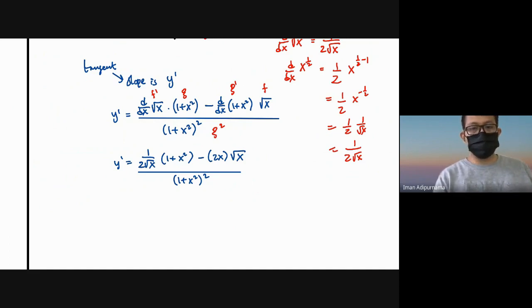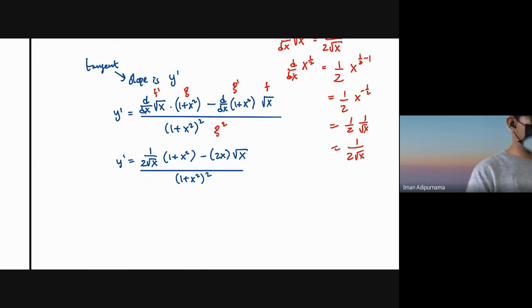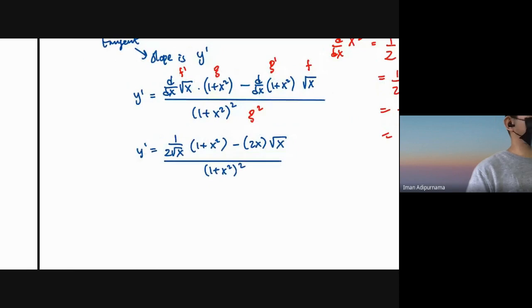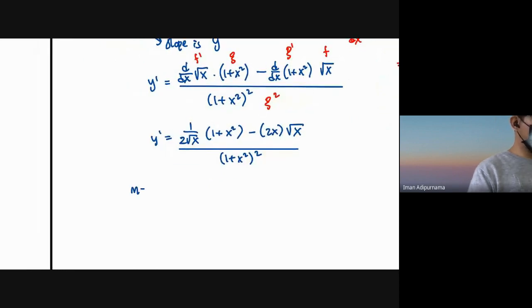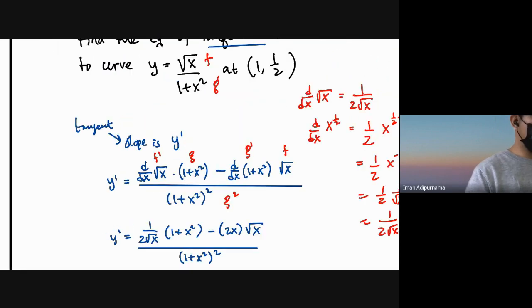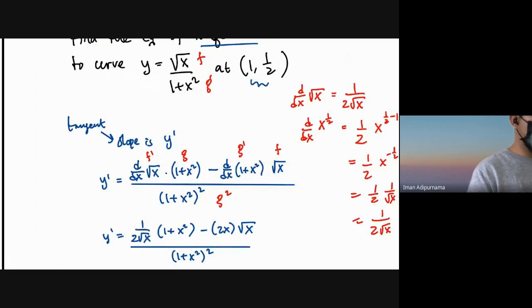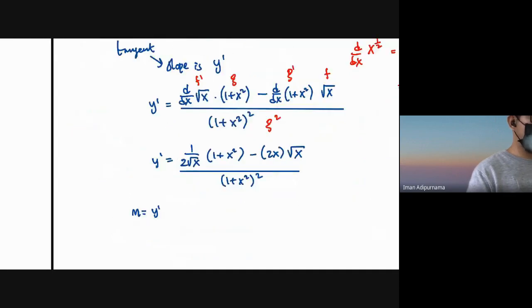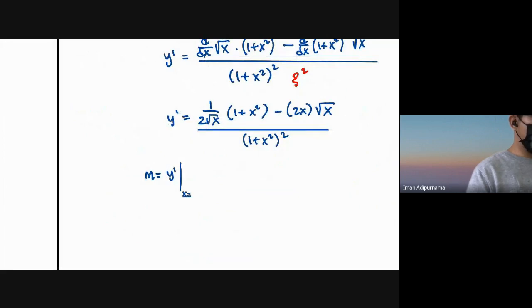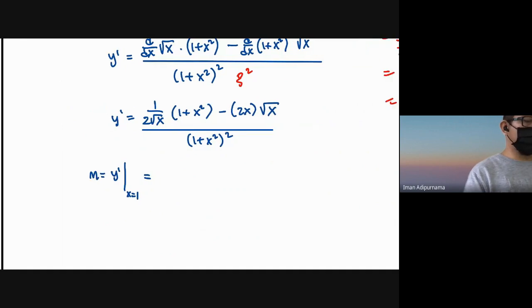Now the question is just asking for the line equations, right? Which means we only consider the slope, the slope at the point. What's the point? It is at x equal 1, right? So the slope at x equal 1. So we can just look at the final result and plug in x equal 1.